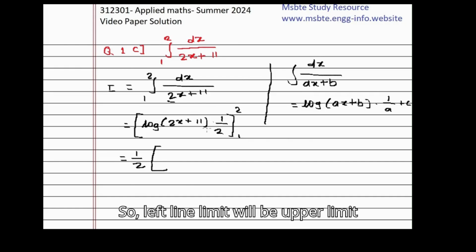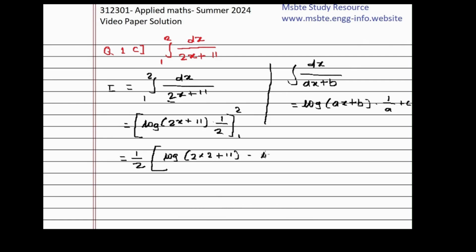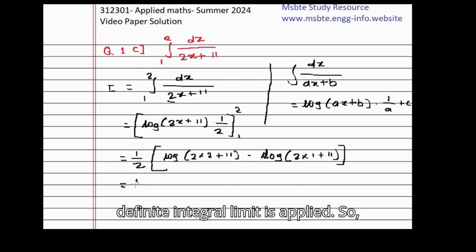So applying limit will be upper limit minus lower limit. So जहाँ जहाँ x है वहाँ 2 replace करेंगे. 2 into 2 plus 11 minus again lower limit. Lower limit will be log of 2 into 1 plus 11. We have applied the limit. Definite integral limit is applied.